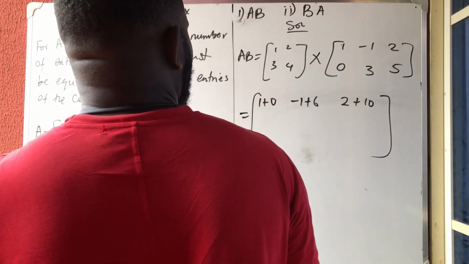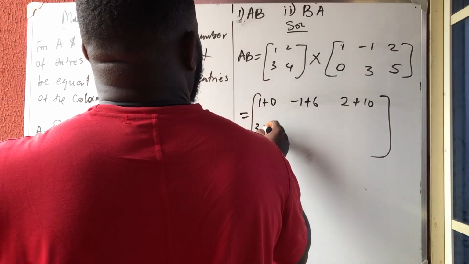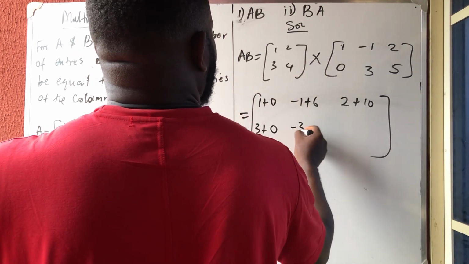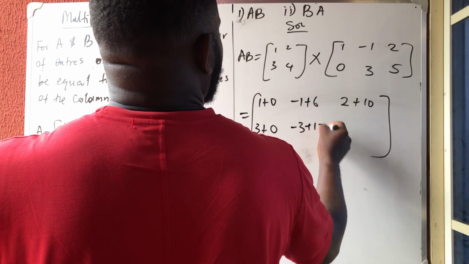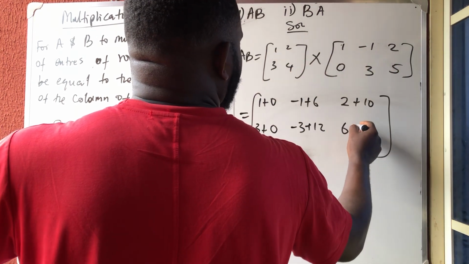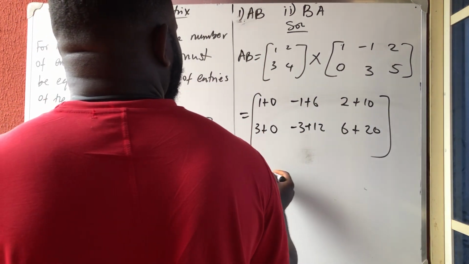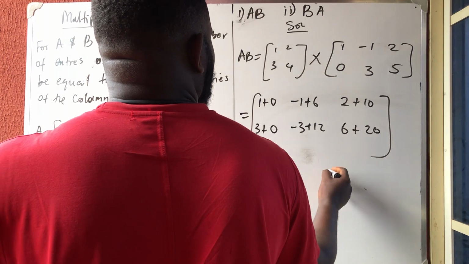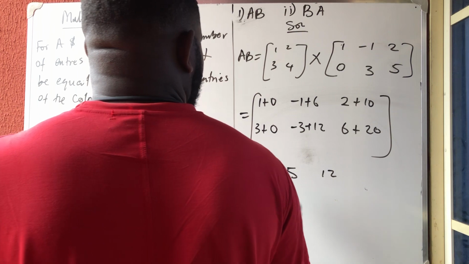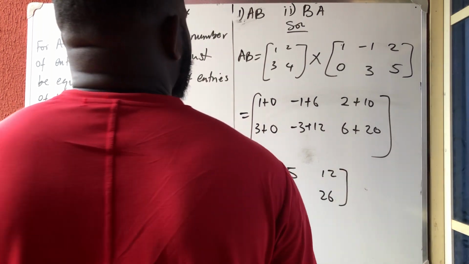Let me start with the second row of A. 3 times 1, 3, plus 4 times 0, 0. 3 times minus 1, minus 3, 4 times 3, 12. 3 times 2, 6, 4 times 5, 20. So the answer finally becomes 1, 5, 12, 3, 9, and 26. As simple as that.